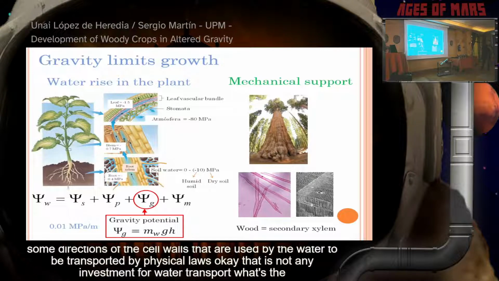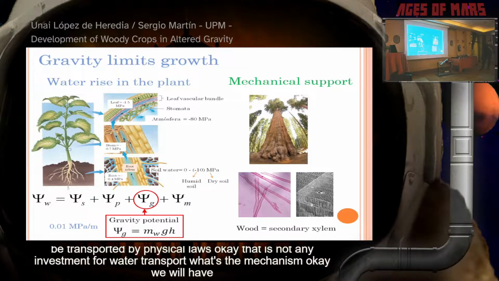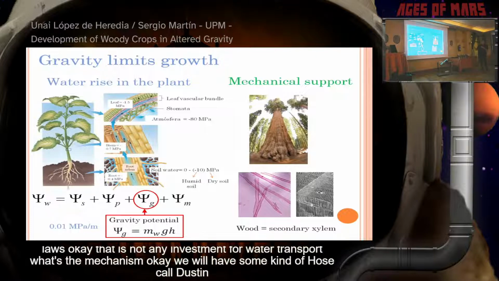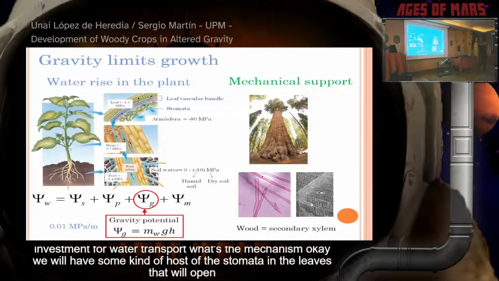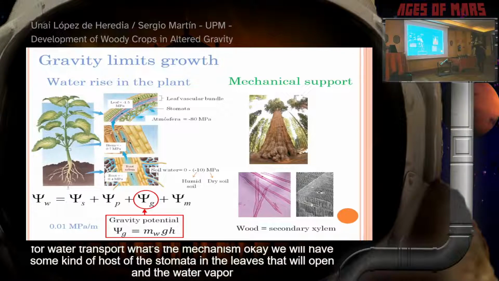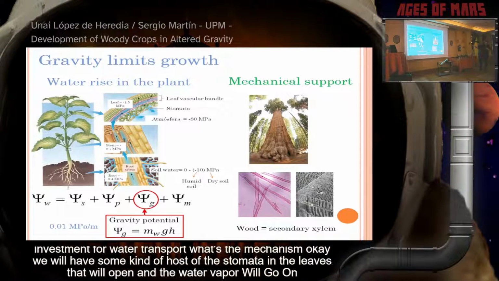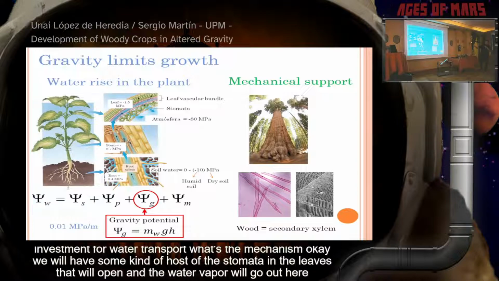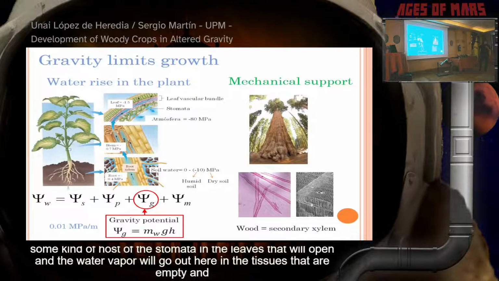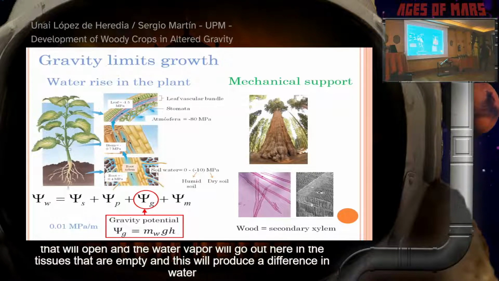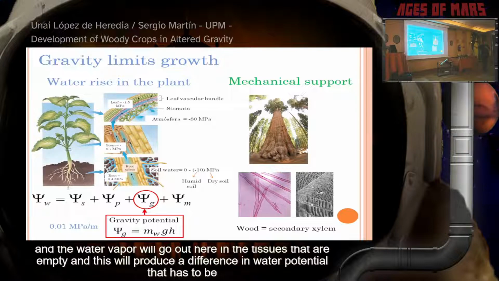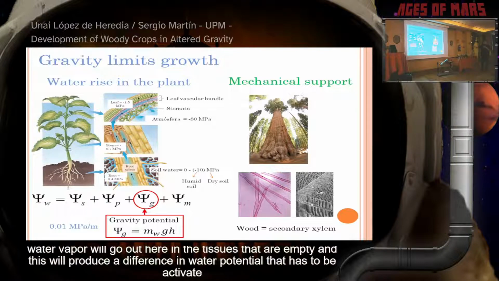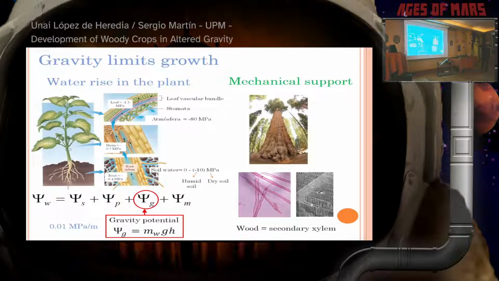What's the mechanism? Okay, we will have some kind of holes called the stomata in the leaves that will open, and the water vapor will go out of the leaf here. Okay, this will produce some negative pressures in the tissues that are empty in these conduits, and this will produce a difference in water potential that has to be counteracted by the water to lift the plant and reach the leaves.